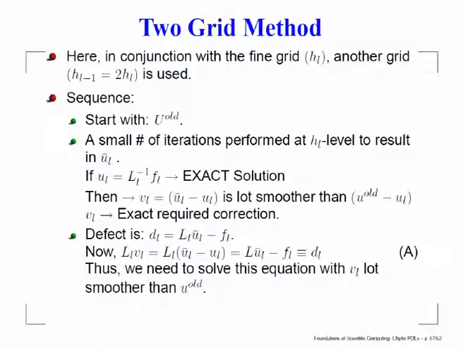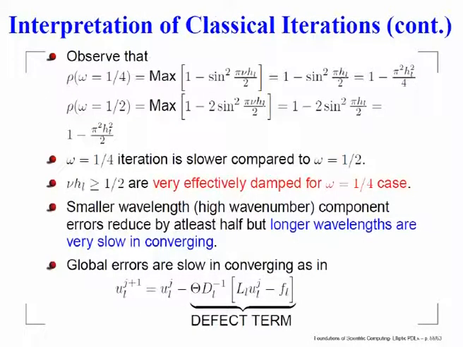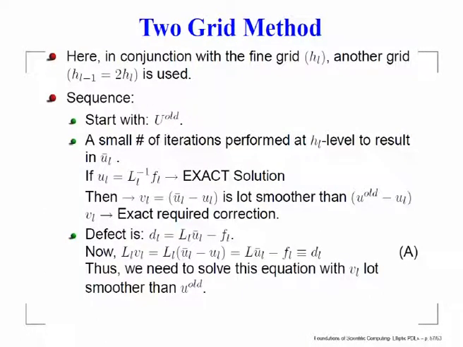That's the whole purpose. Now, having obtained UL bar, I can calculate the defect. Because if you recall, the defect is what drives the solution. That's what we wrote in the last term, right? The defect term actually drives the solution. So we calculate the defect, and then we try to solve for the new unknown VL in, let's say, the finest grid itself.